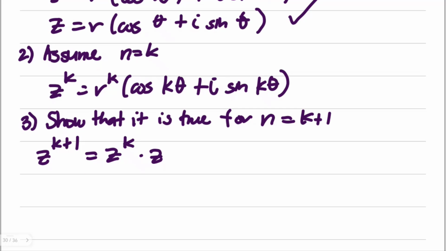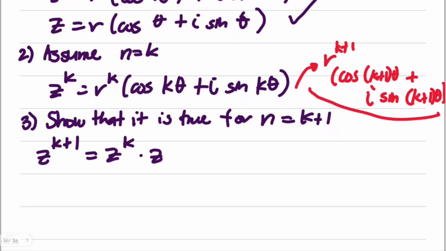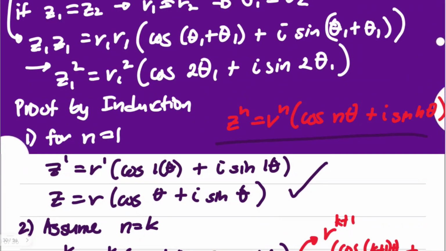So we're going to show that if n is equal to k plus 1, we would come up here with r to the power of k plus 1 times cosine k plus 1 theta plus i sine k plus 1 theta. If we can show this to be true by induction, this is already correct and true.